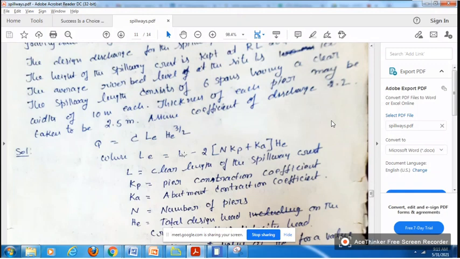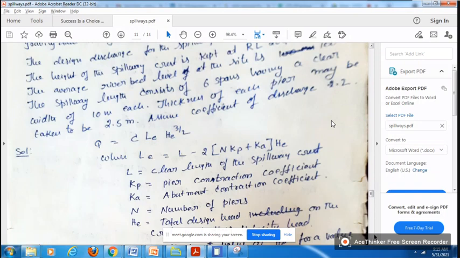L is what? Clear length. L_e is what? Effective length. Which will be the larger numerical value, clear length or effective length? Clear length will be more, obviously. Right.